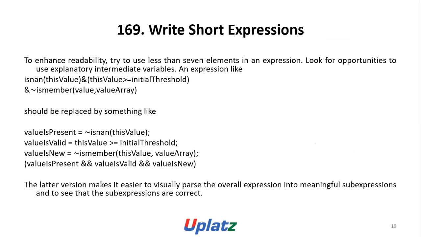An expression like isnan(this_value) && this_value >= initial_threshold && ~ismember(value, array) should be replaced by something like value_is_present = isnan(this_value); value_is_valid = this_value >= initial_threshold; value_is_new = ~ismember(this_value, array); value_present and then value_is_valid and then value_is_new. The latter version makes it easier to visually parse the overall expression into meaningful sub-expressions and to see that the sub-expressions are correct.